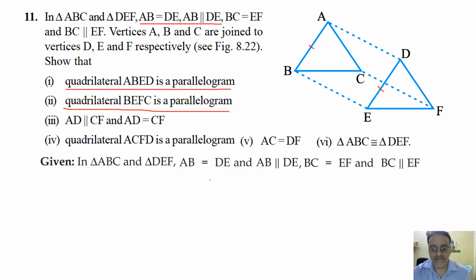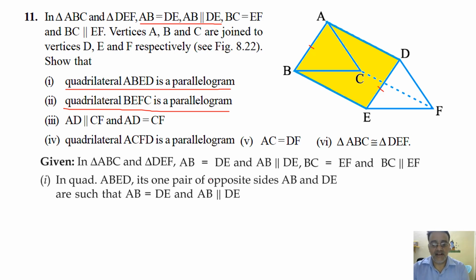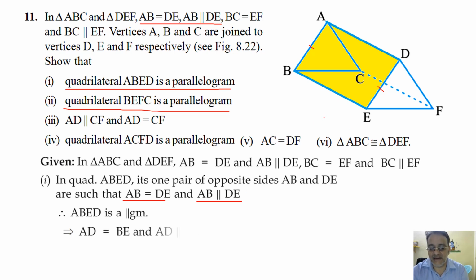Is it clear? Yes, sir. So now in this quadrilateral, one pair of opposite sides is equal and parallel. Therefore ABED is a parallelogram. And this will imply AD is equal to BE and AD is parallel to BE. Why?